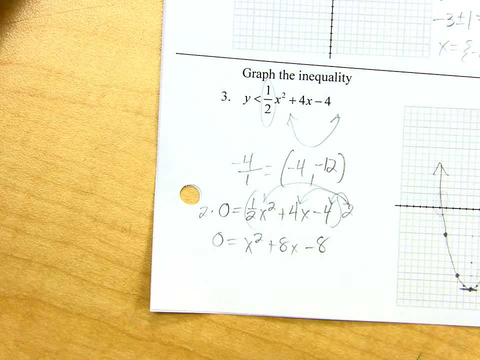Okay. Are there factors of -8 that add up to be 8? I don't think there are. So you're gonna have to solve it another way. So what do you want to do?